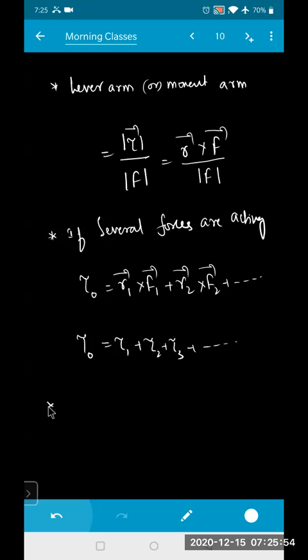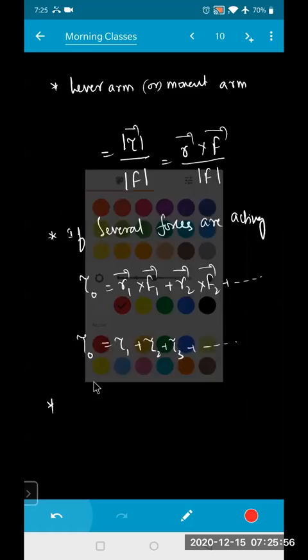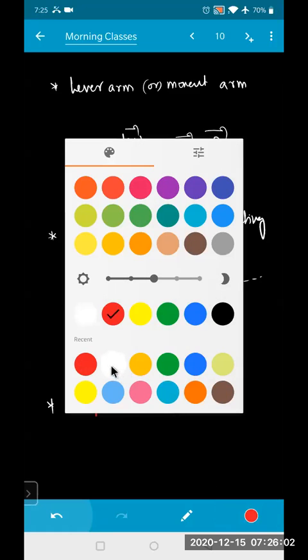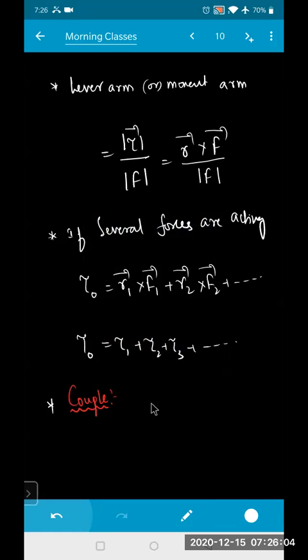The next one is about your couple. What do you mean by a couple? A couple is nothing but equal and opposite forces, which will constitute a couple.